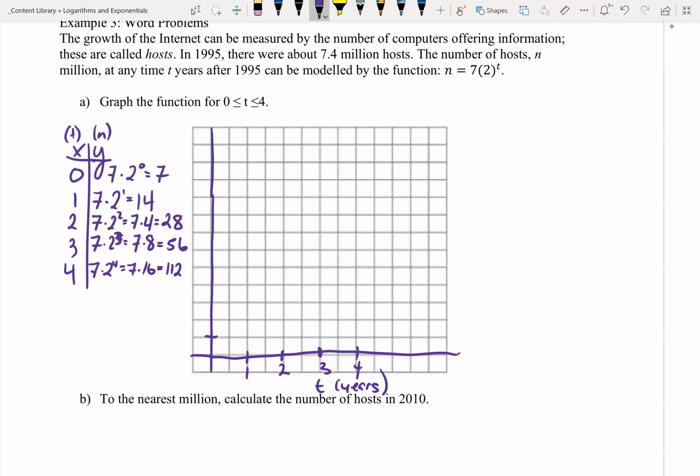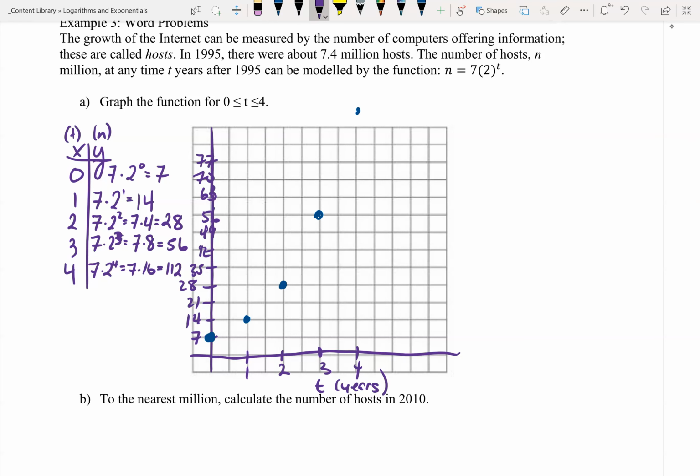And I'll just go up by 7s here for n. All right, so our first point's at 0, 7, then we have a point at 1, 14, 2, 28, 3, 56, and our fourth point's going to go outside of the grid, so I'm just going to graph it somewhere up here.